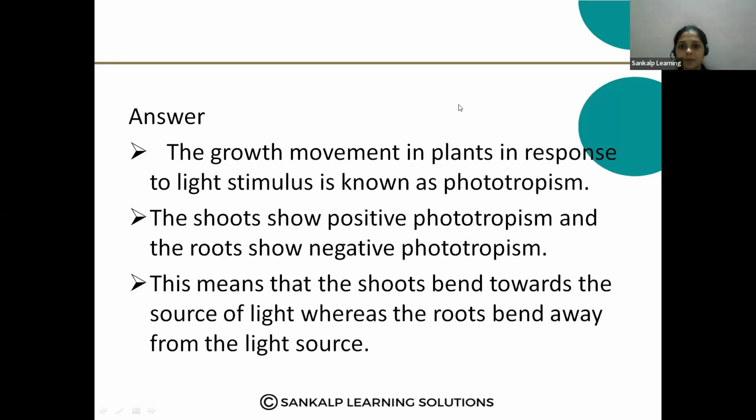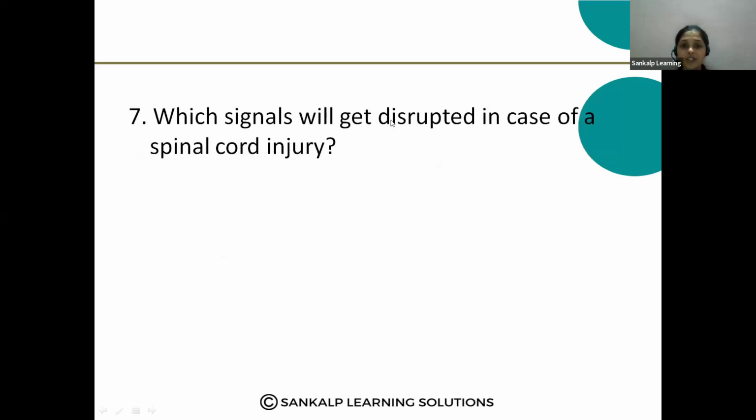Okay. I hope this is completed. See the next question. Which signals will get disrupted in case of a spinal cord injury? You know that. When you touch a hot vessel or something happens unexpectedly, what happens?